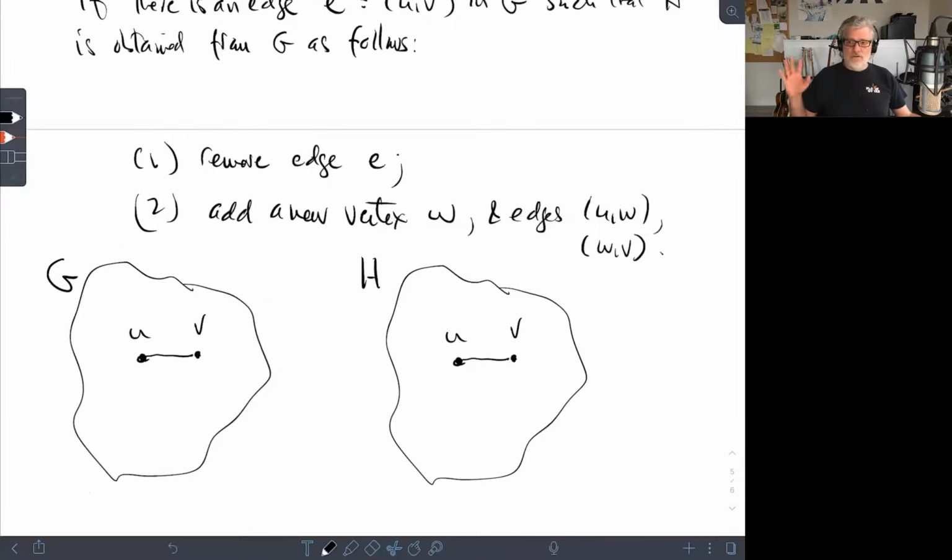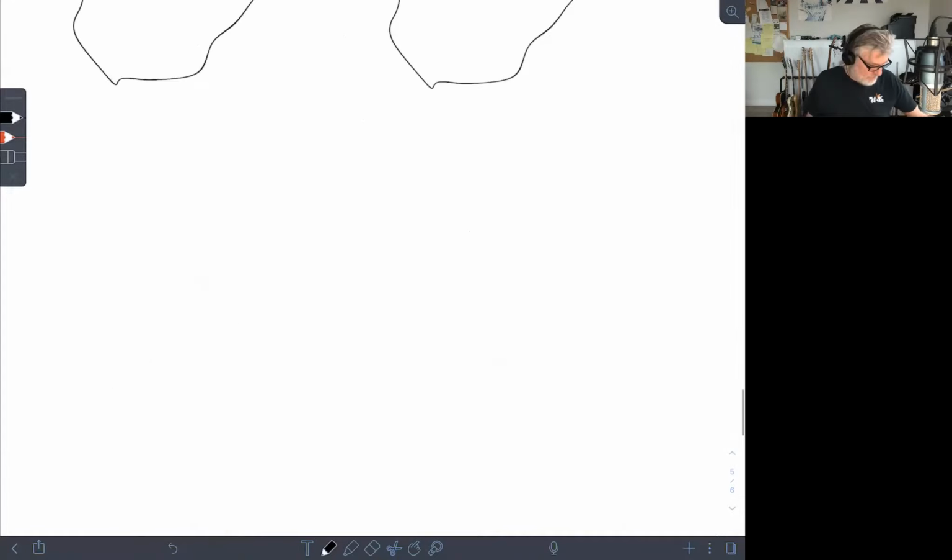So H is the same thing as G, except that you subdivide the edge. So you have a new vertex W and edges U, W, W, V. Notice that there is no edge between U and V. This is gone. So this is what we say when we say H is obtained from G by an elementary subdivision.